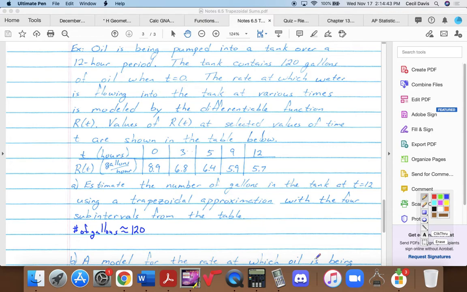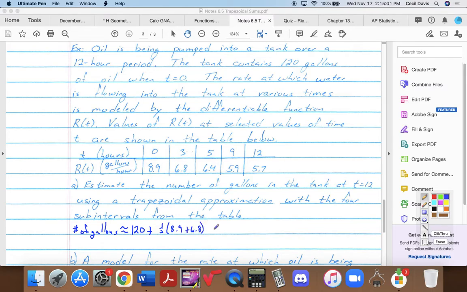And then water is flowing into this, so it's going to be plus the trapezoidal approximation. So that'll be half of 8.9 plus 6.8.